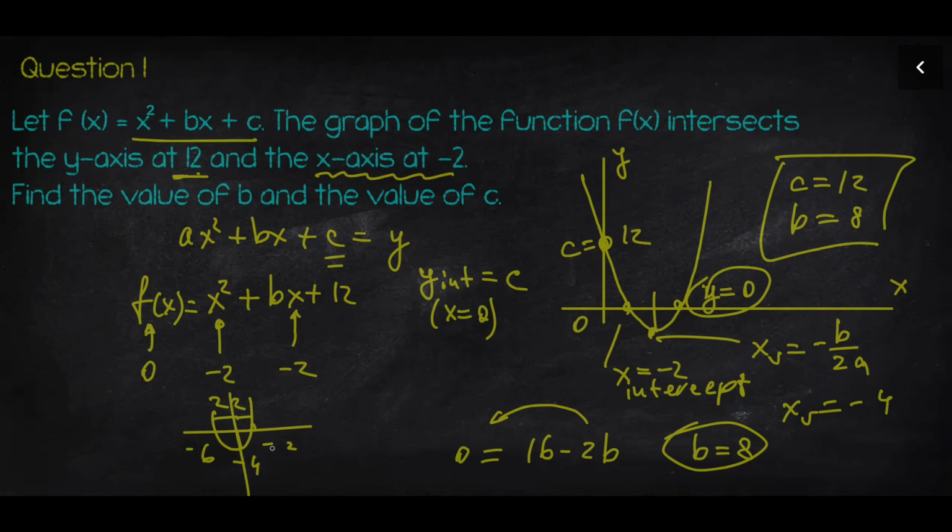It goes through the vertex, and the x-vertex coordinate is negative 4, so the next x-intercept is going to be at the same distance too. So it turns out to be negative 6. And this is how it works. From there you can go to extensions and find out more parameters and answer more questions. I'll just show you one possible extension here. I hope you got it, and let's move to the next question.